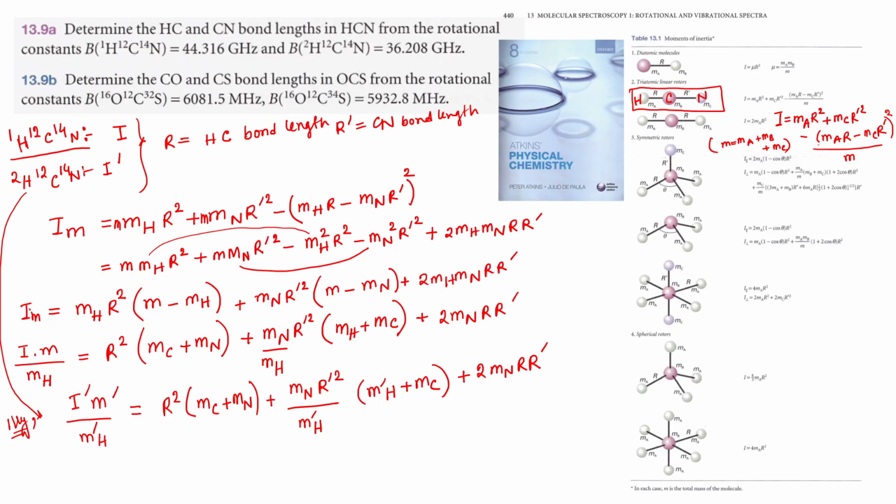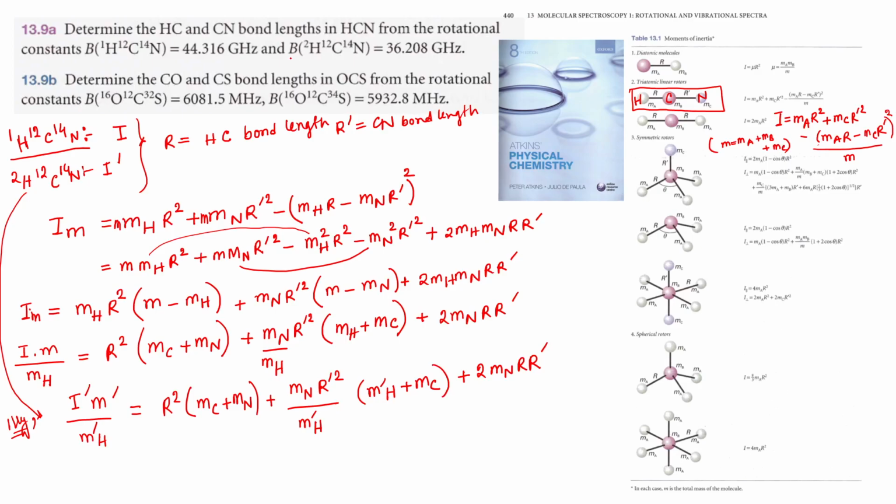Where I'll do I dash m dash by m dash h minus, subtract this from this. Let me see what I am going to get. These terms which are common will go, and the remaining I will write here: mn r dash, this is common.